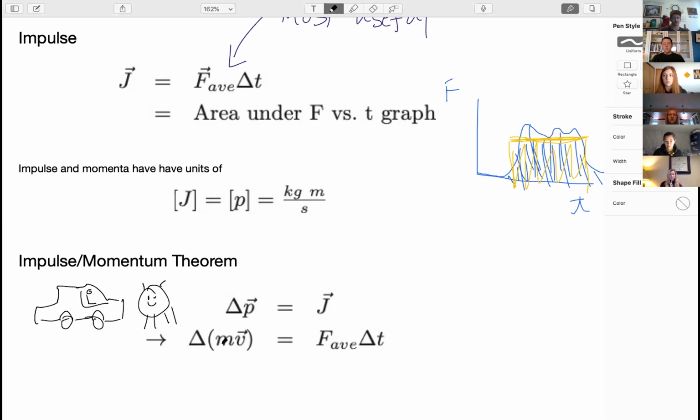I wrote it out here for just a system made of one thing, using mass and velocity: the change in m v equals F delta t. So you'd say the change in mass times velocity equals the average force times the change in time. Can you give me a thumbs up if you did this in high school? For those of you who took high school physics, is this how you wrote it?